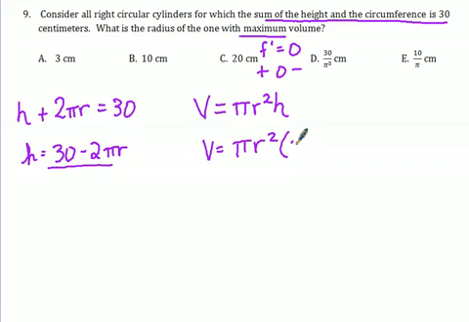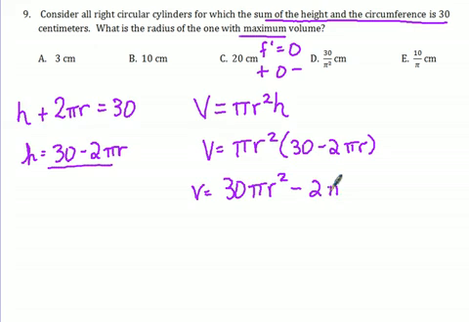Volume equals pi r squared times 30 minus 2 pi r. Now if I'm going to do a derivative, I want to go ahead and distribute this pi r squared, so I don't have to do a product rule here. Let's get it simplified. So 30 pi r squared minus 2 pi squared r cubed.